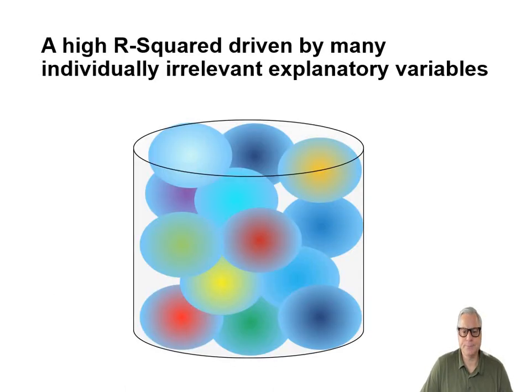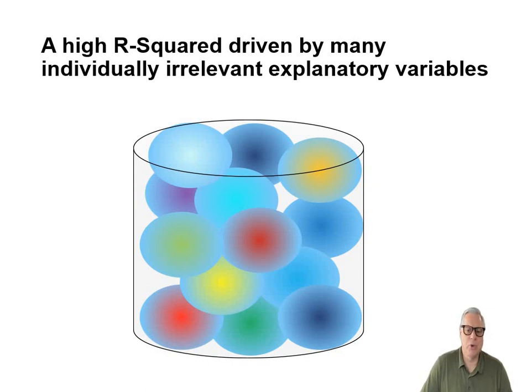Here you can see a bucket with many small pebbles that also partially overlap. That is probably giving you a high R squared, but the model is not significant in its entirety, because each little pebble really doesn't explain anything.